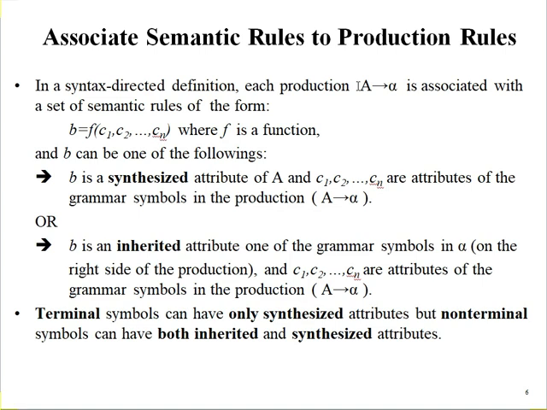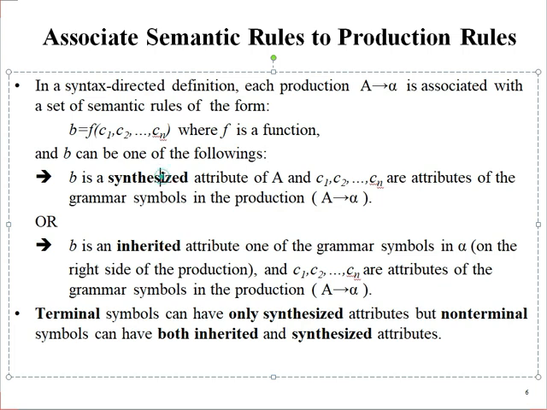So the general form of the attribute specification can be represented as B derives F(C1, C2, up to Cn), where F is a function and B is either a synthesized attribute or an inherited attribute.